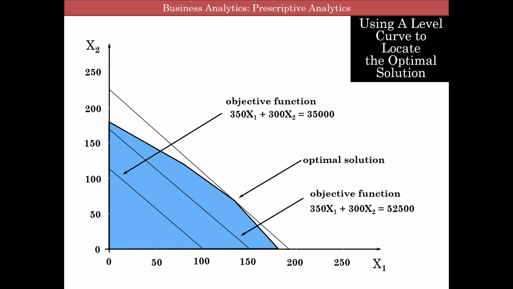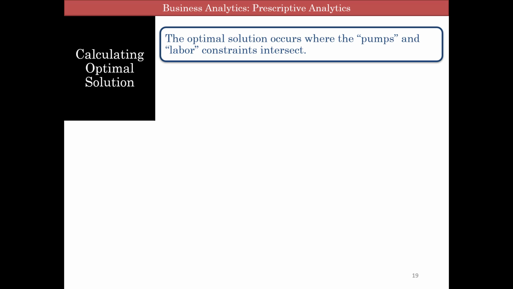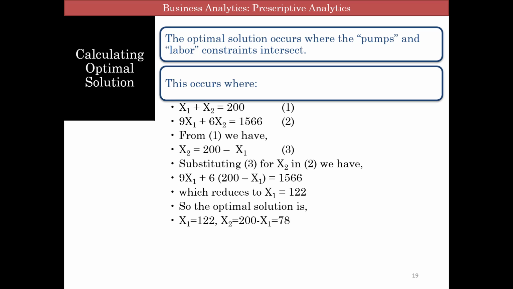Now, you don't have to do this. Excel will do it for you, okay? So the optimal solution occurs where the pumps and labor constraints intersect. So here we're looking at x1 plus x2 is 200, 9x1 plus 6x2 is 1566, and you have two unknowns and two equations.